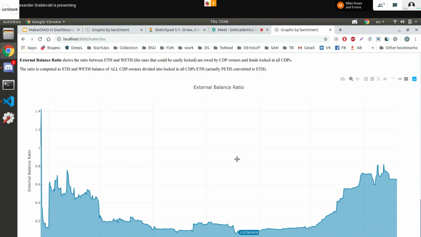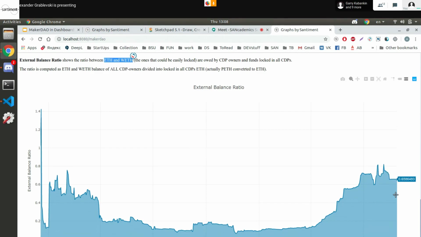But the question is, is it enough? How much more could be locked? This graph shows you the percentage of how many well-convertible tokens, like Ethereum and Wrapped Ethereum, are held by CDP owners, and how much could be locked within all smart contracts for the Maker system.